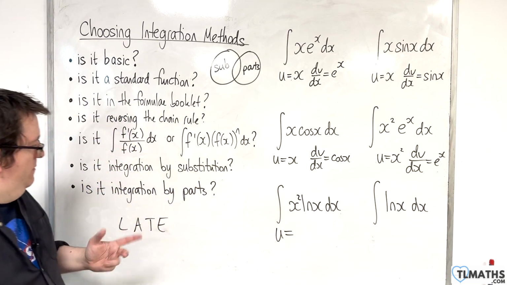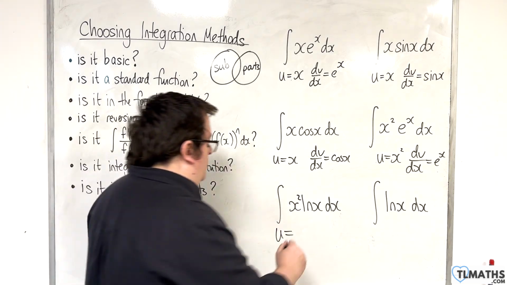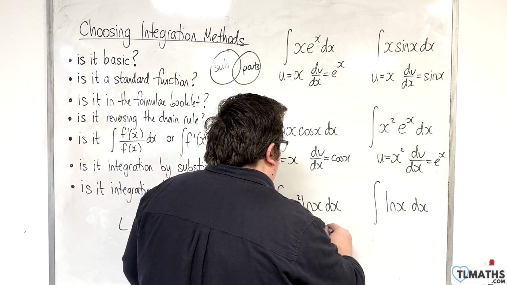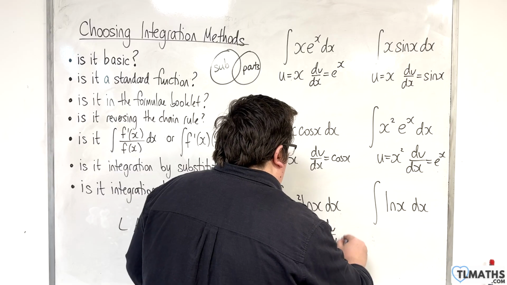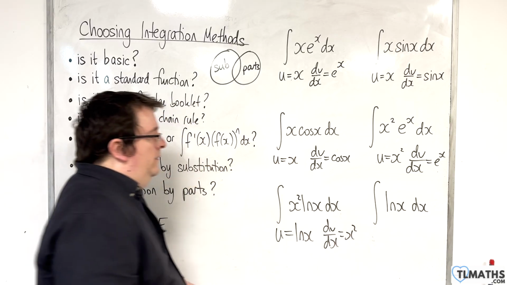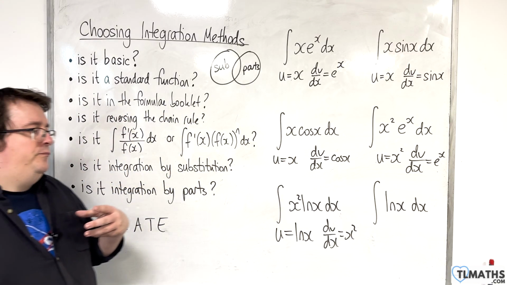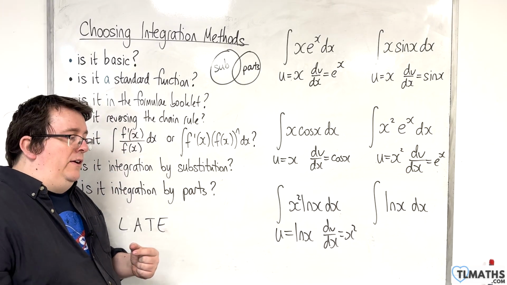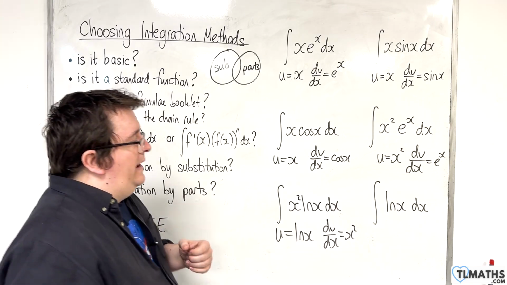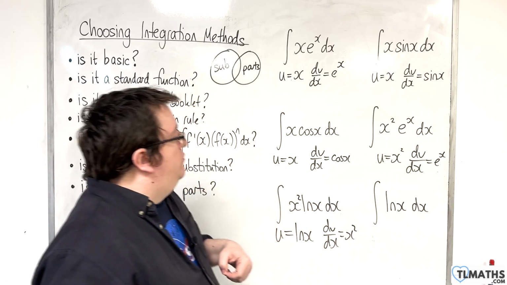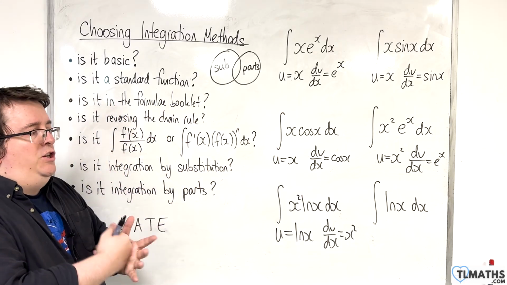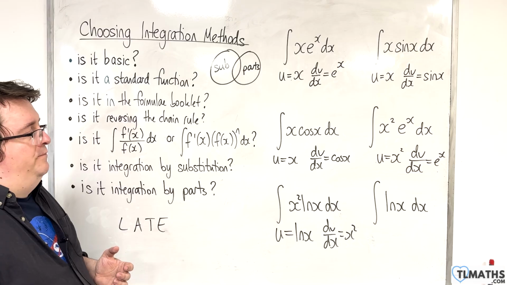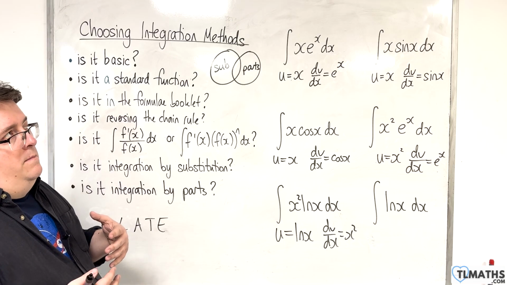because you've got a logarithm, that gets picked as the u. So u is natural log of x, and dv by dx is x squared. In this case, when you differentiate the log x, you get 1 over x. That multiplies with an x cubed when you've integrated that bit, and you end up with, what do you get?